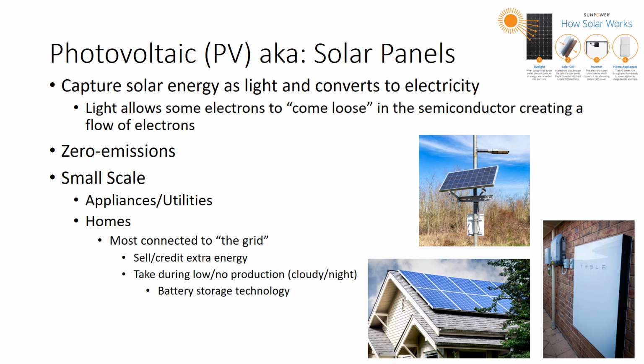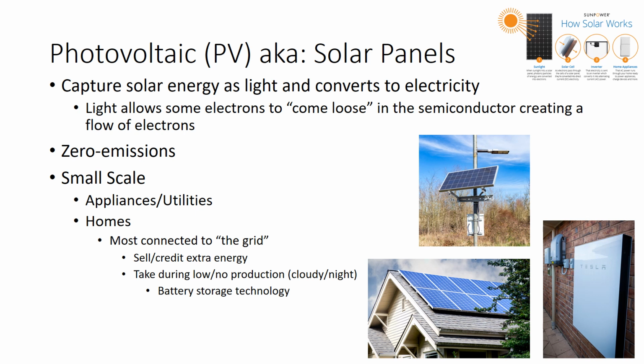And really, electricity is a flow of electrons. So it makes use of that loosening of electrons and the flow of electrons caused by the photons hitting the semiconductor to generate electricity. You can see it on a really, really small scale, side of the road, your solar lights in your yard, whatever it may be.